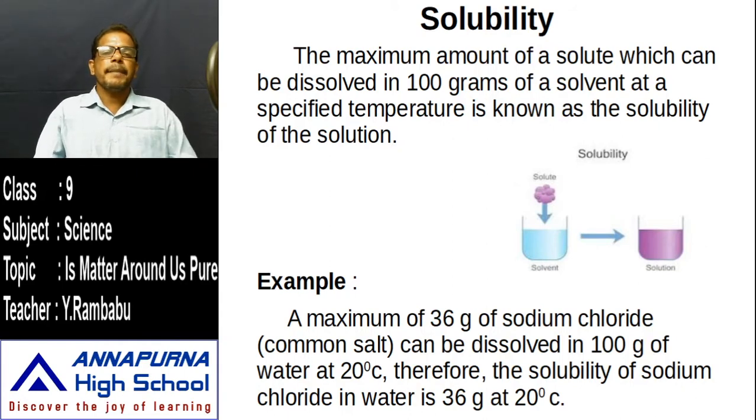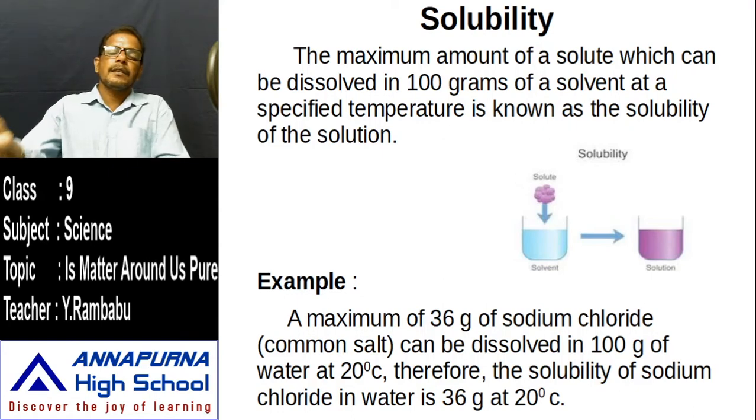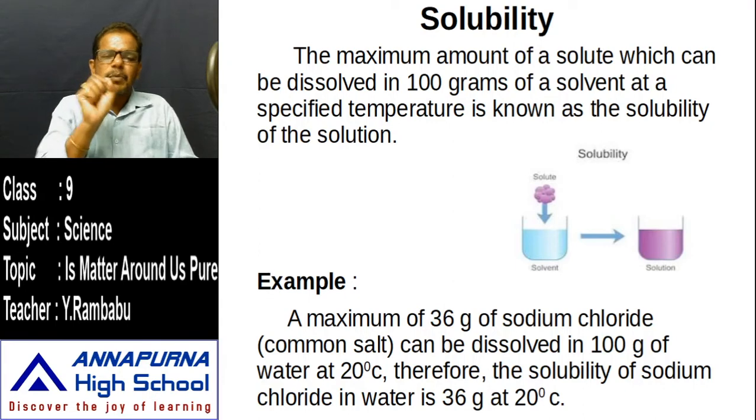Solubility depends mainly on two factors, that is temperature and nature of solute and solvent. For example, take kerosene as a solvent and sodium chloride as a solute. If you add sodium chloride to the kerosene, does the sodium chloride dissolve? Even if a small quantity is added, it doesn't dissolve.